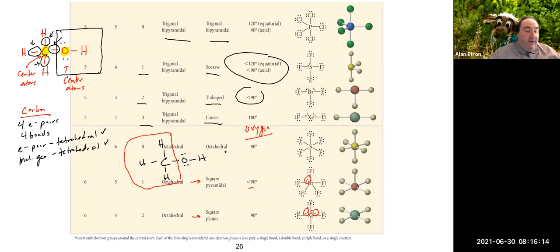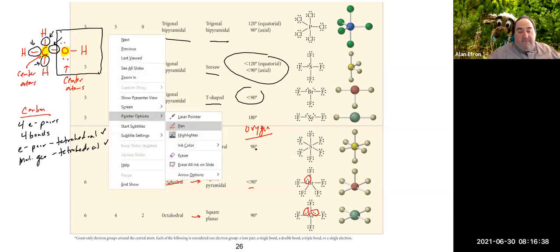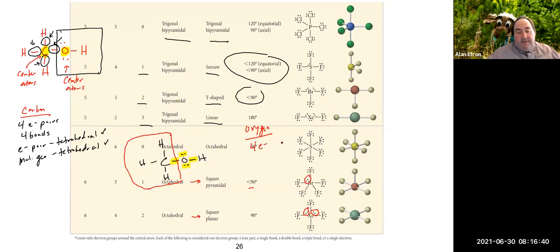Again, we would count up our electron pairs for the oxygen: 1 electron pair, 2 electron pairs, 3 electron pairs. And much like what we did with the carbon, even though we would be putting our hand over that side, we would still count this going in there, obviously, as an electron pair. So this now has 4 electron pairs.